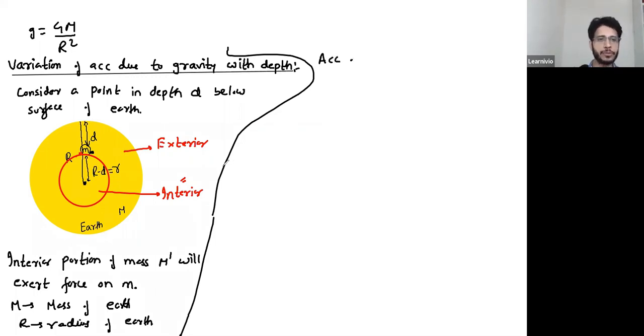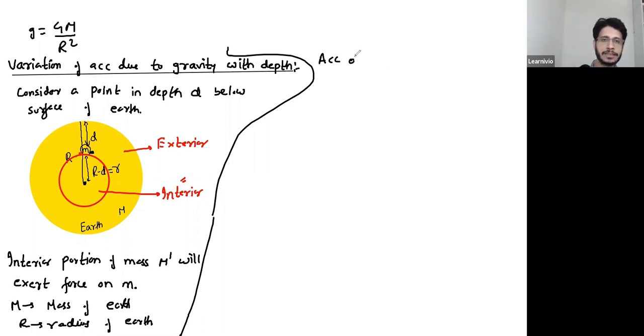Is it clear up to this point? That I took a point in some depth d below the surface of Earth. Due to this mass m, which is placed in the depth d, this mass m will divide Earth into two regions. There is one interior region and one exterior region. Only the interior region will exert force on small m, not this exterior region.